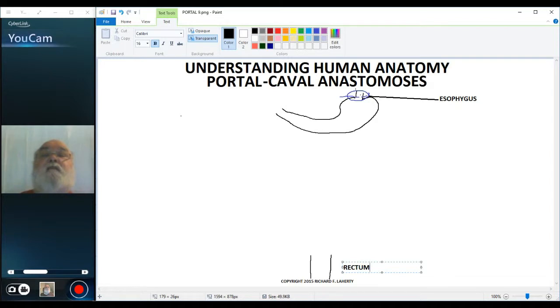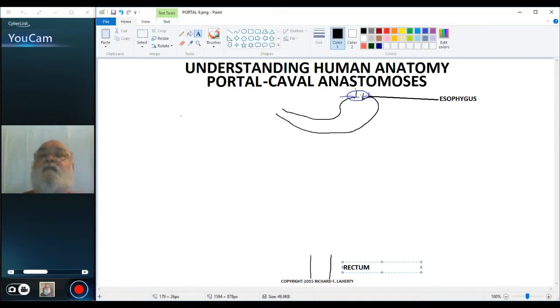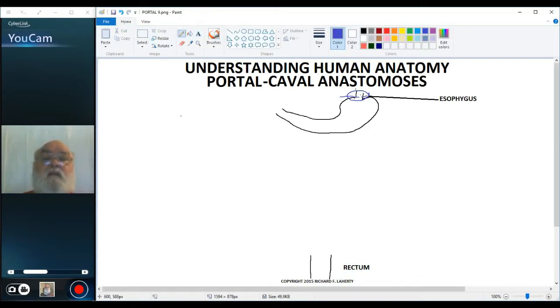we have dual venous drainage, and that we will have anastomoses between the veins, so we get portal-caval interconnections.